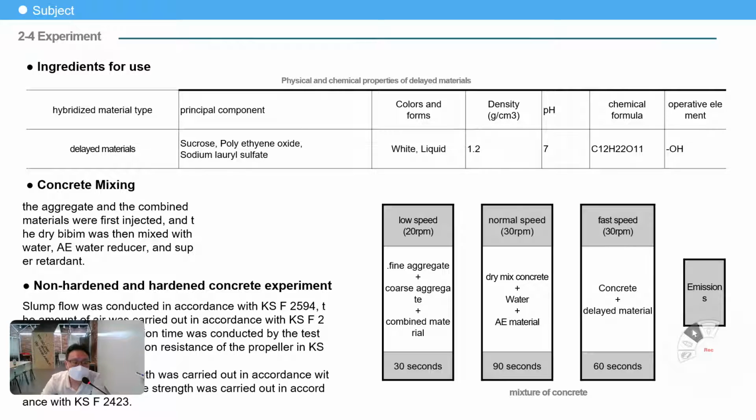For the concrete mix, the combined materials were first injected, and the dry beam was then mixed with water, AE, water reducer, and super retarder. The right picture is the mixture of concrete.